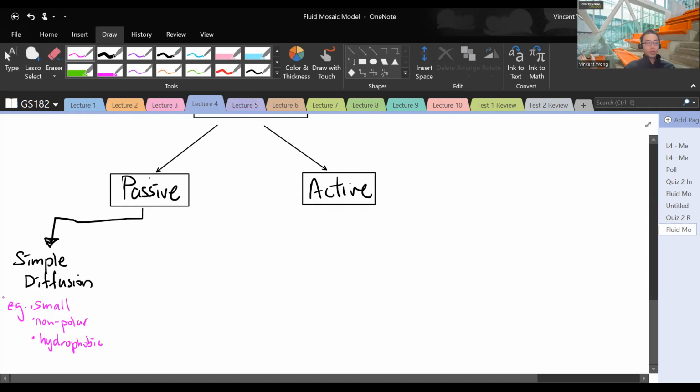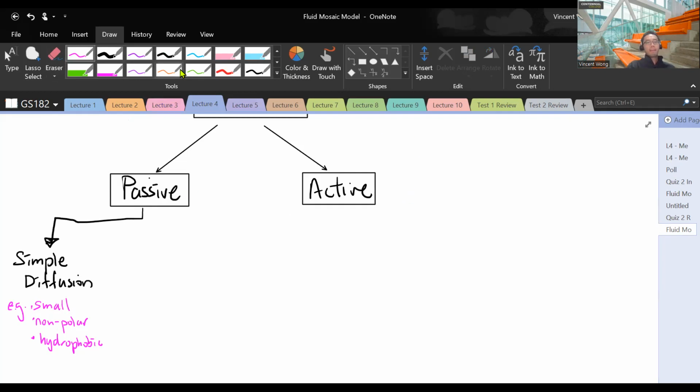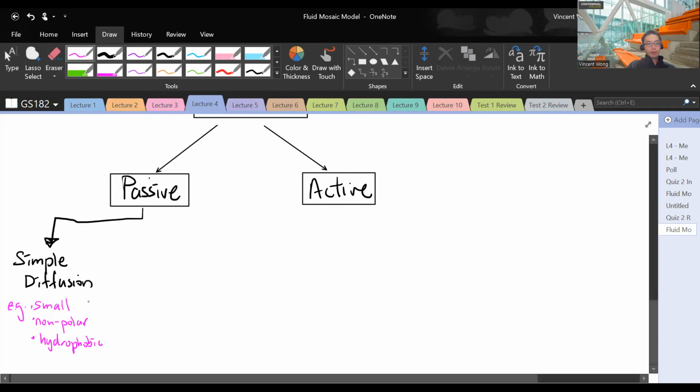They will be able to cross the cell membrane just on their own. Okay, no help required. So an example would be something like O2, right? CO2. These things can just cross on their own, no problem.